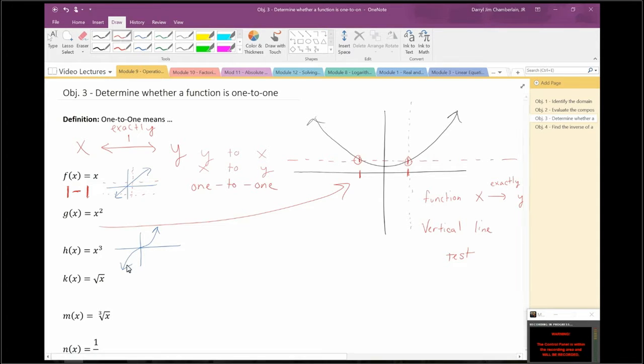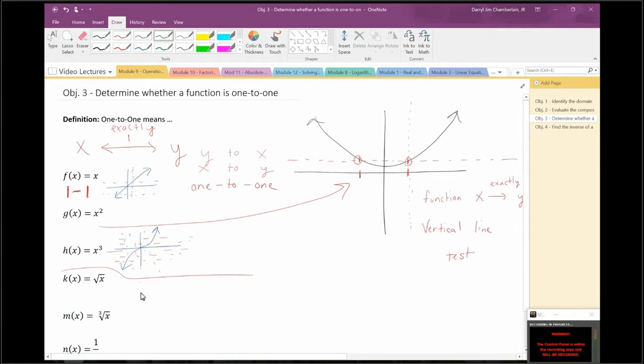And it passes both the horizontal and vertical line test. Every x value we plug in gets one y value, and it's a unique y value. It's not the same as any of the other x values.